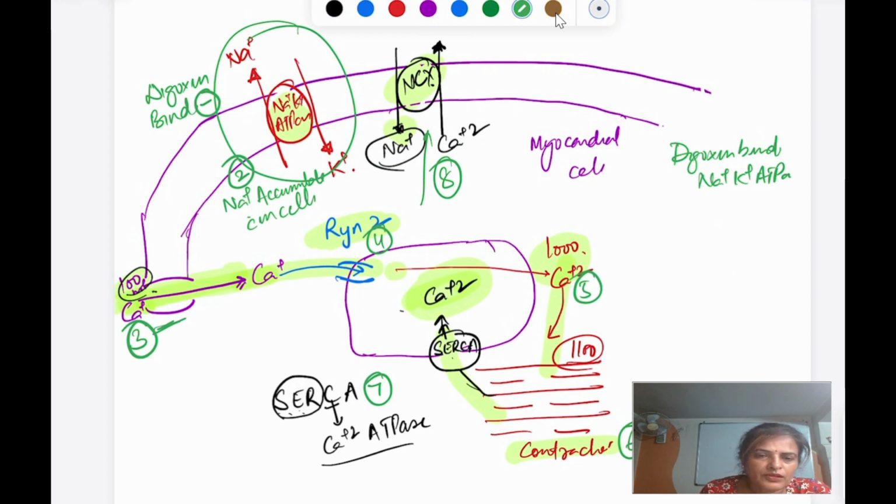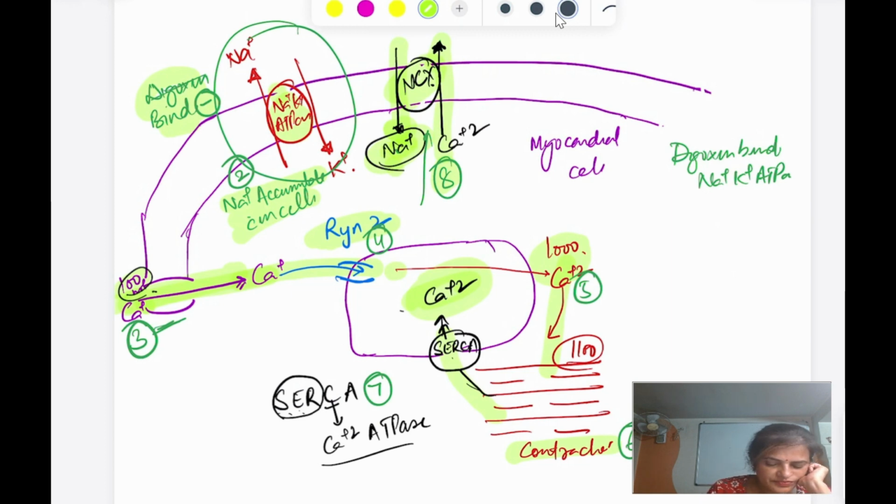But this step is not going to happen. Why? Earlier the calcium was moving out in exchange with the sodium. Now because digoxin has inhibited this sodium potassium ATPase, already the sodium has moved within the cell. So this sodium calcium exchange, where the sodium is moving inside and calcium is going out, will not happen because sodium is already present within the cell.